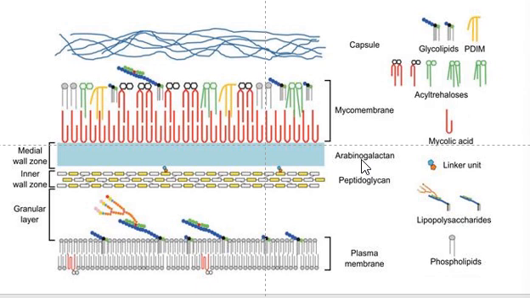Now this branching of the sugar units makes them become a very complex network, and this branching increases the structural rigidity.